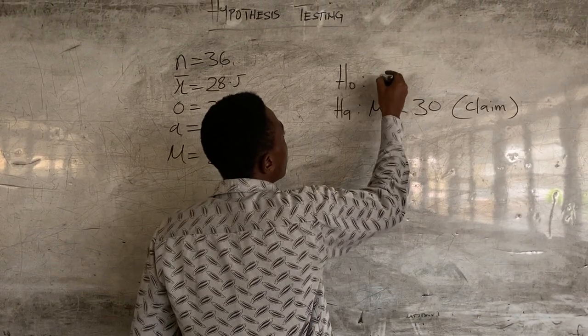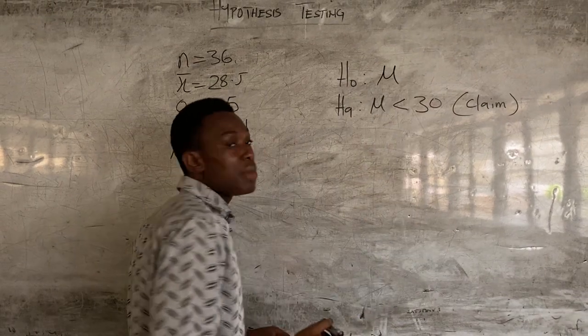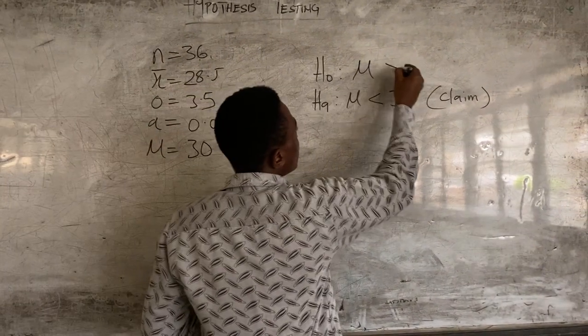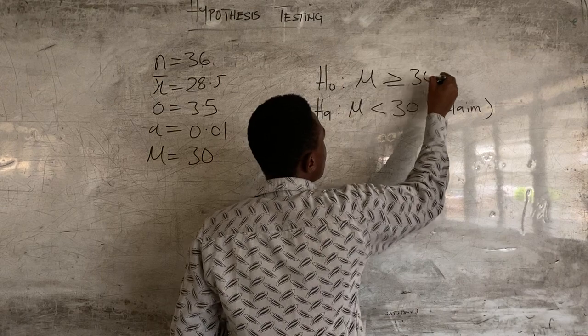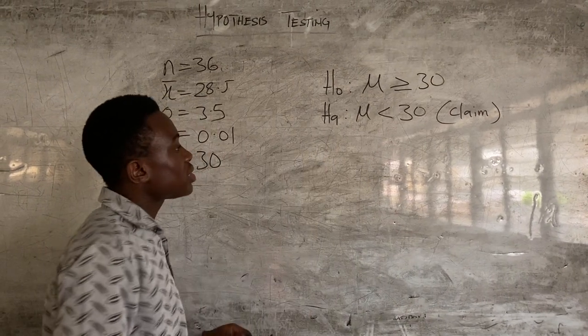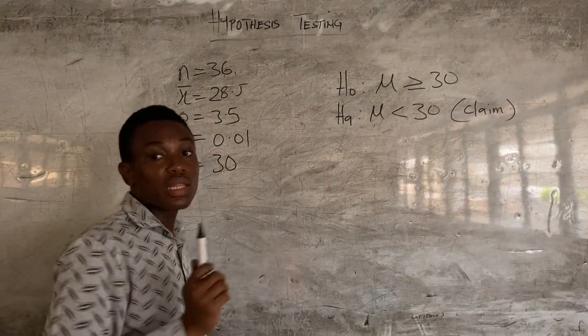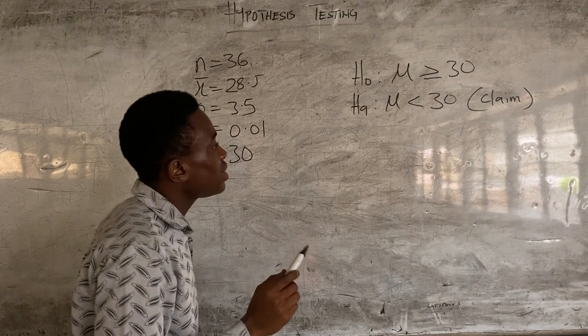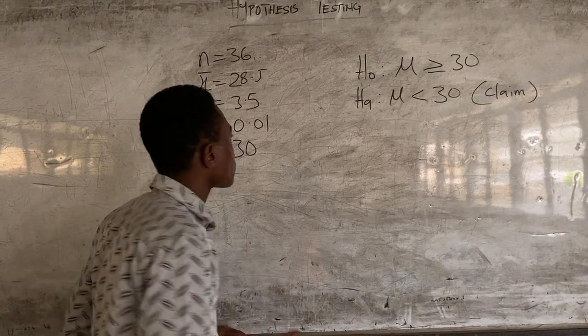And then our null hypothesis will be that the mean delivery time is greater than or equal to 30. So this is a one-tailed test, and specifically a left-tailed test.